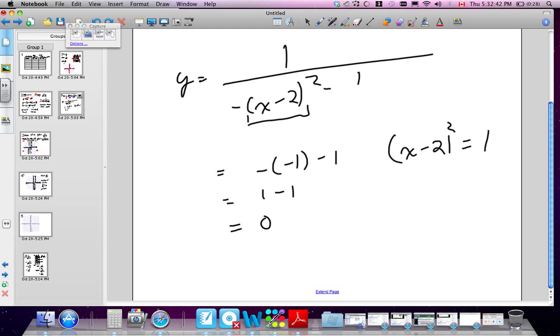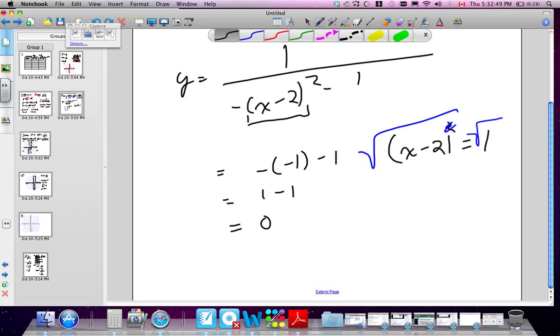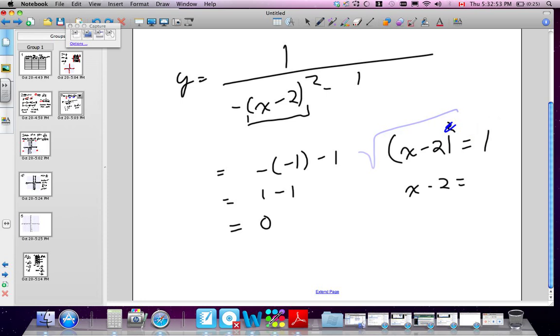So let's try to figure this out. If we square root both sides to get rid of this, what's the square root of 1? 1.